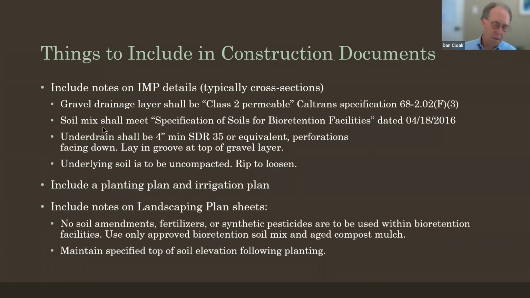Soil mix in the Phase 2 permit is a lot looser as it stands now. It just says a mix of sand and compost. But generally, practically in the Bay Area, given that the BASMA mix is referenced in the municipal regional permit in effect in the South Bay counties, and soil suppliers know how to make it, and it meets all the requirements in the Phase 2 permit, it's useful.